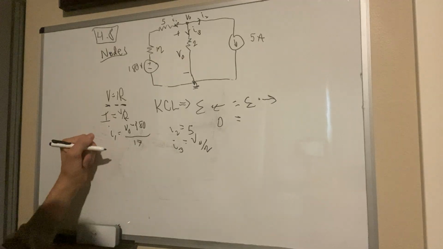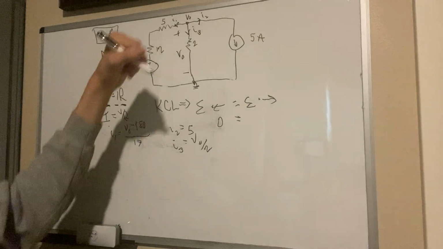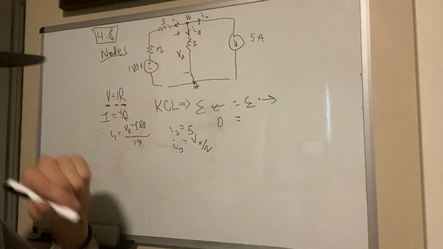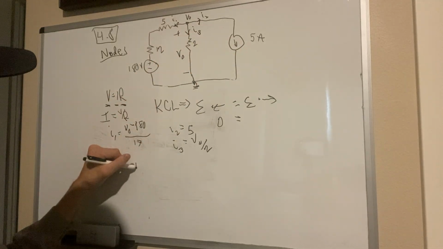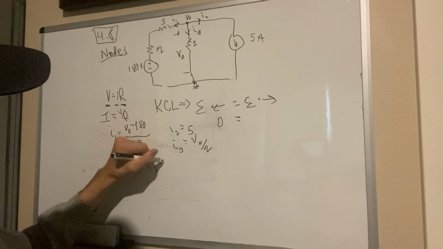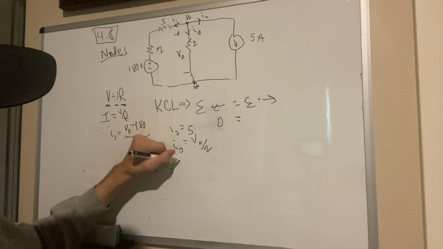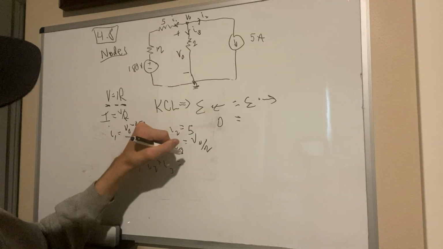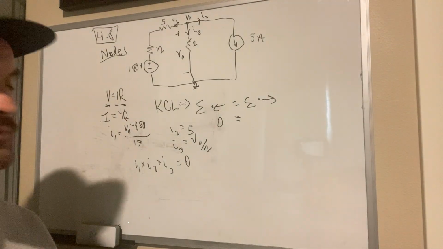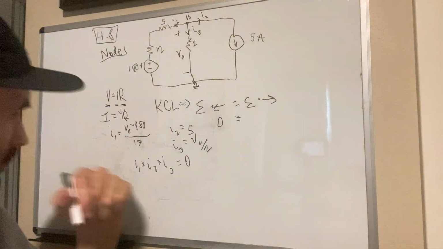All right, so those were all going out, and everything going out must equal everything going in. So if we sum these up, then we have I1 plus I2 plus I3 equals everything going in, which is 0. All right, so now let's sum these up and find V naught.